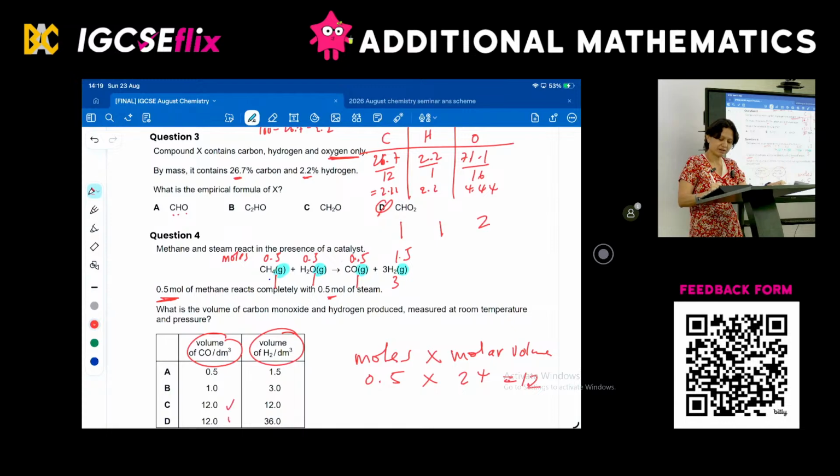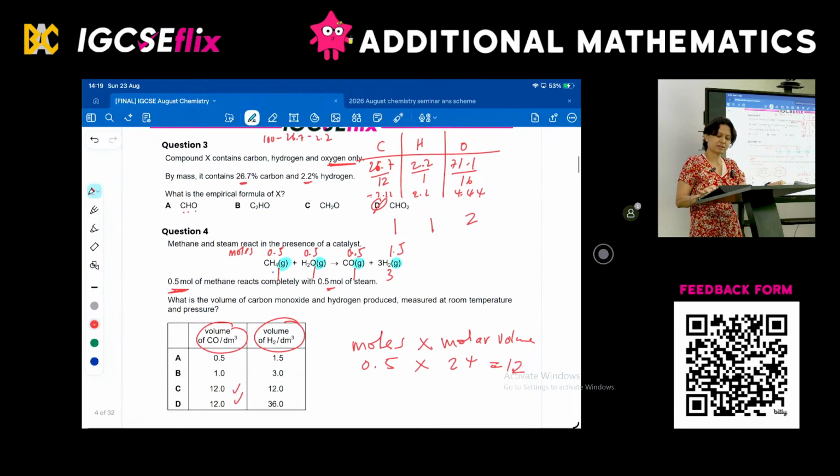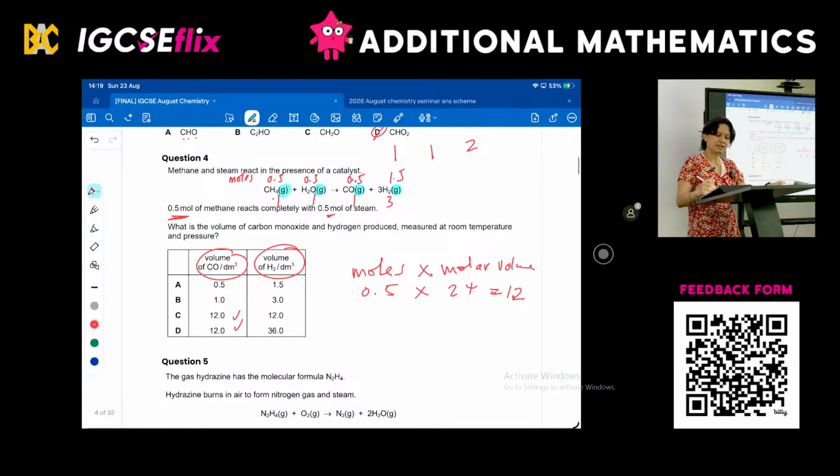Get it? And then the second one is 1.5 multiply 24. You get how much? 36. So you got D, right? Correct, right? I looked at the wrong answer. Okay, do you understand?